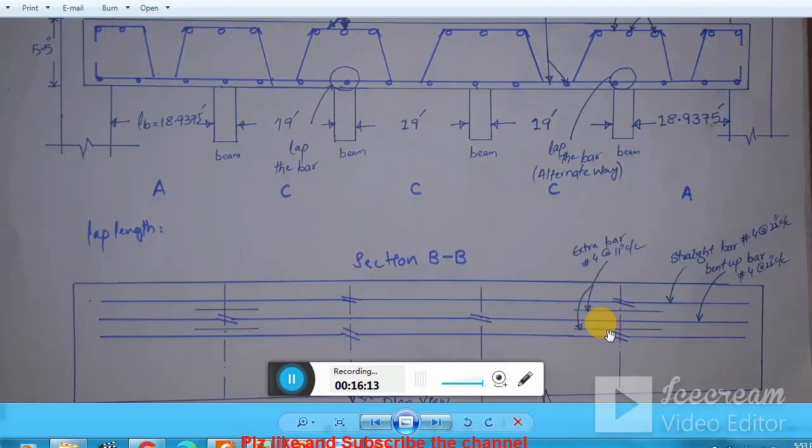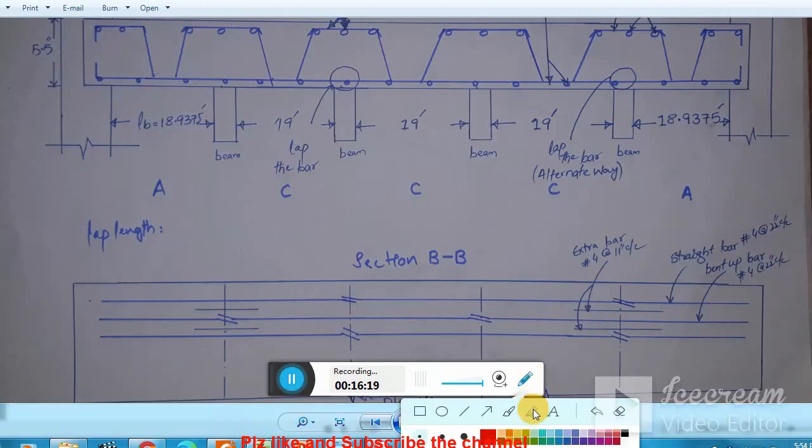Now if I am alternating the bars right at this point, so if it is my bar and I bend it, and then it comes down, and then it is my straight bar which is going in the downward direction at the bottom, then I have to again bend up the bar.